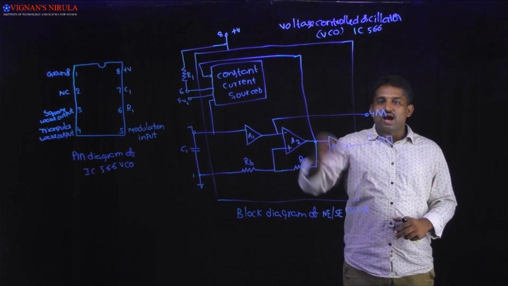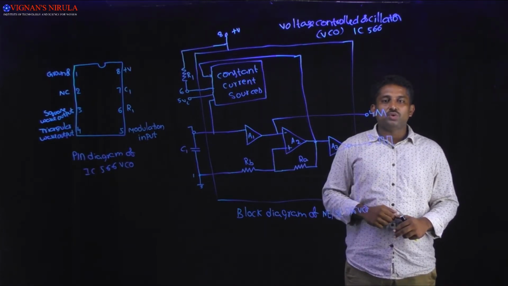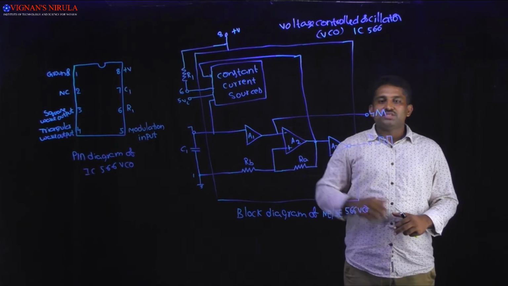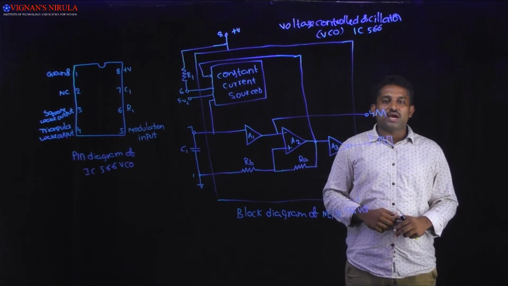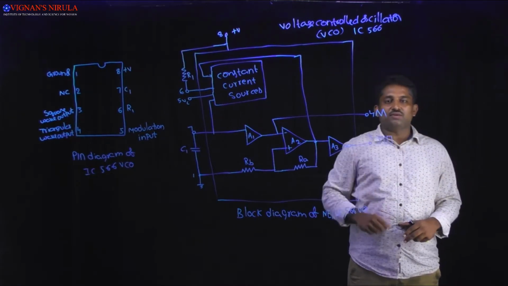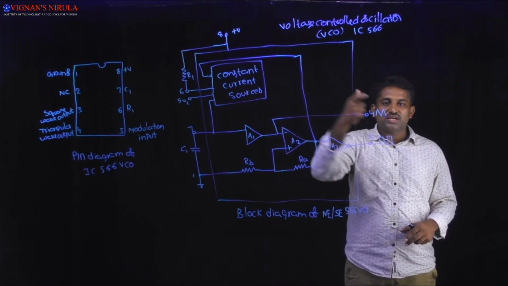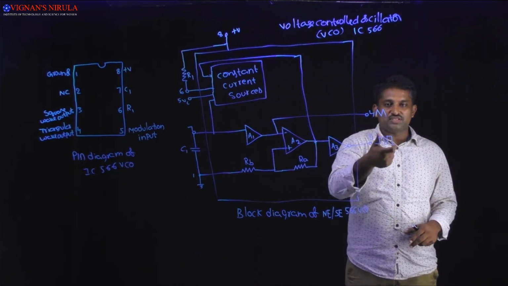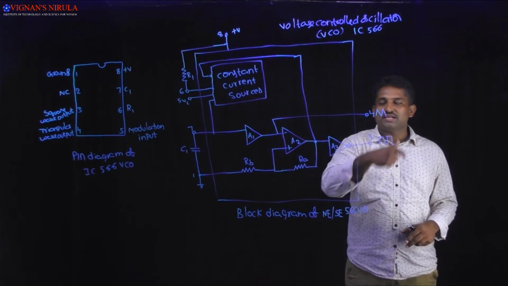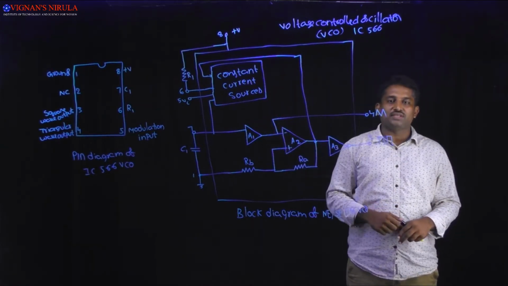The applied external voltage is also called the control voltage, and this VCO is also called a voltage to frequency converter. Why? Because with the applied voltage we are generating the output frequencies. That's why we are calling it a voltage to frequency converter.